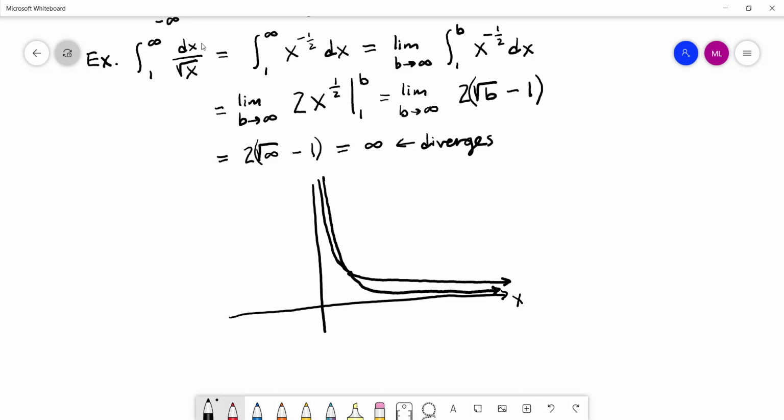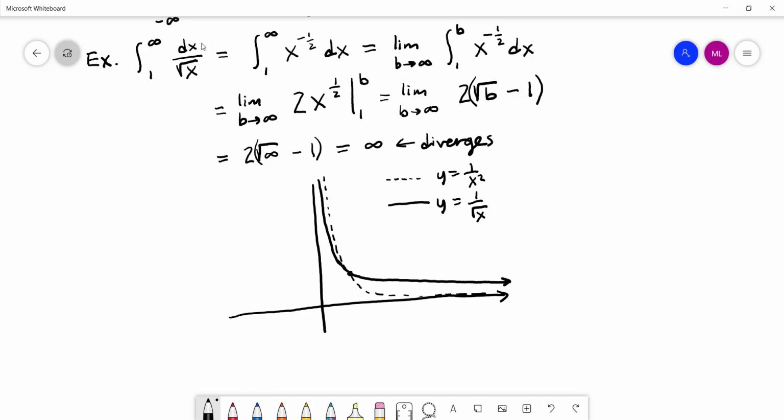Let me try different patterns. So let's do a dashed line. In this case, the dashed line is going to be y equals 1 over x squared, and the solid line is y equals 1 over square root of x.